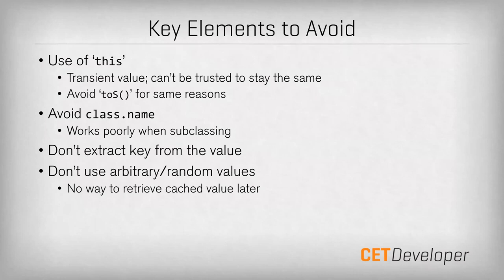Question came in, is it planned to make it possible to use tuples as keys? I haven't heard any efforts to make that happen. It's going to have the same problem as using a lot of reference types as keys. It becomes a question of what is it that actually is the key?